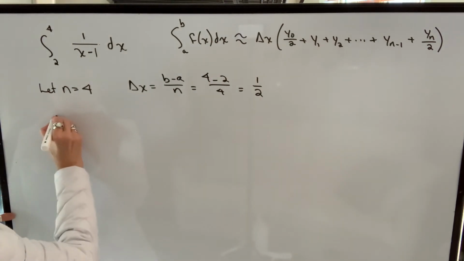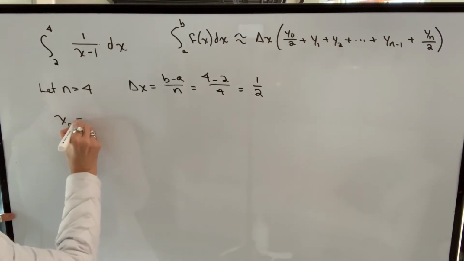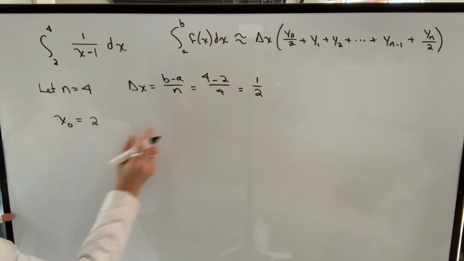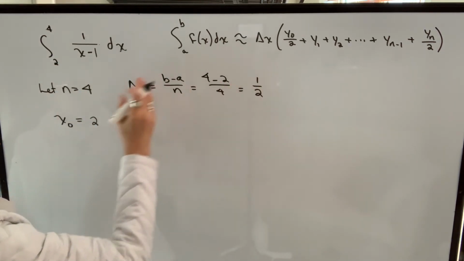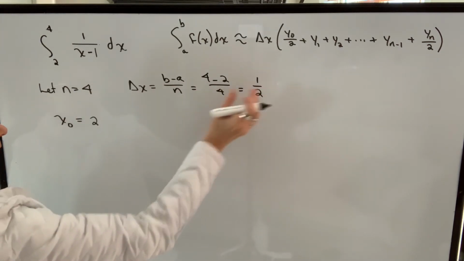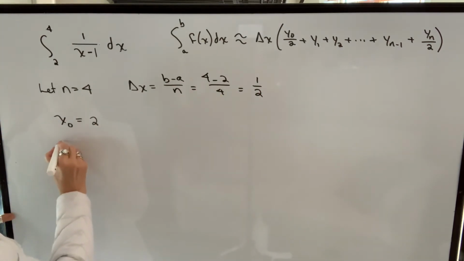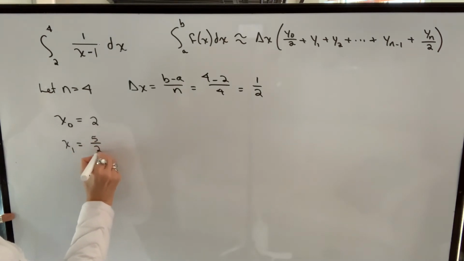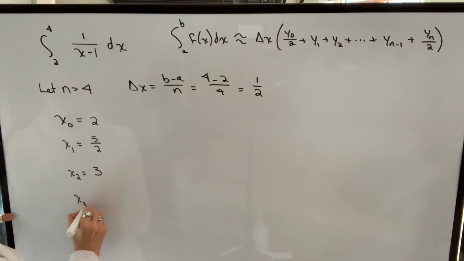Then I start with my first x value, which will be x sub 0, and it should be a. It should be your first x value there. To have 4 equal increments, each of 1/2, I add 1/2 4 times to get the next x values. So x1 will be 5/2, x2 will be 3, x3 will be 7/2, and x4 will be 4.